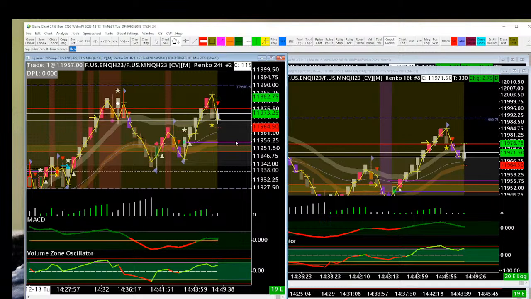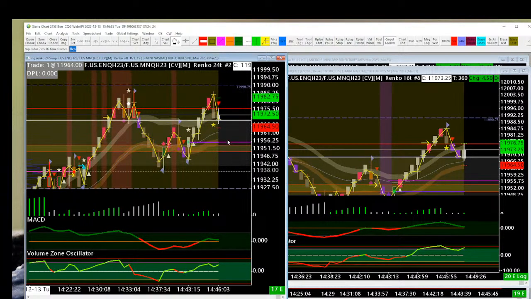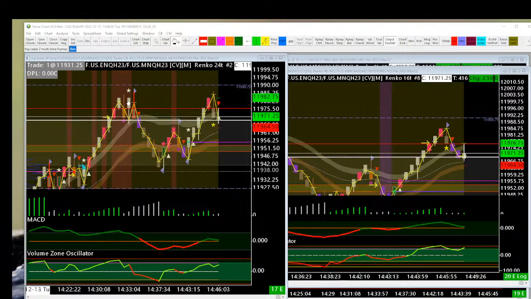Will this hold then maybe? Is that what they're doing? Let me just, am I missing something? NQ. Oh, yeah, we might just be chopping this area.